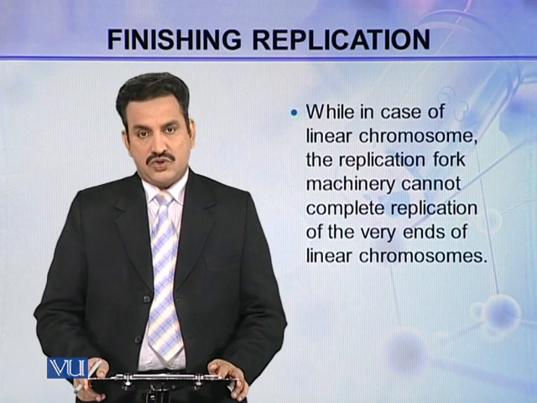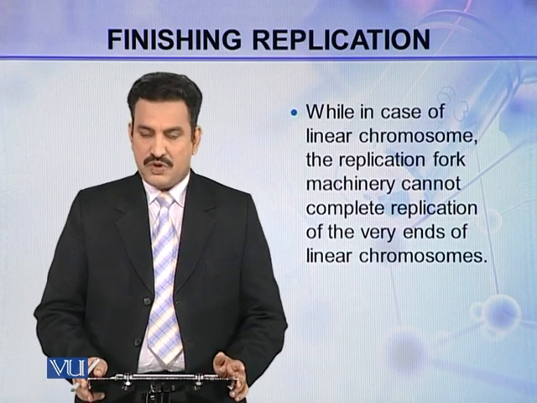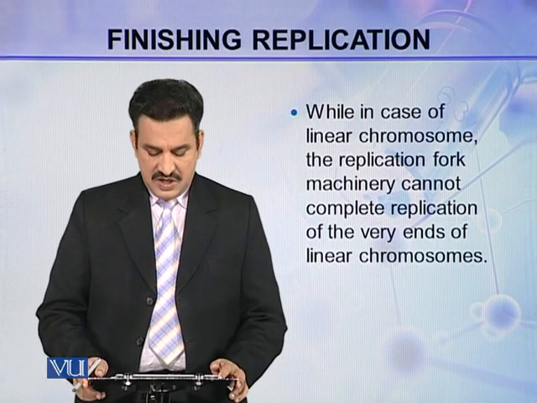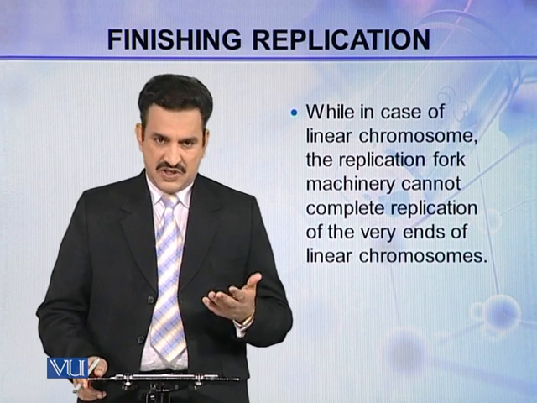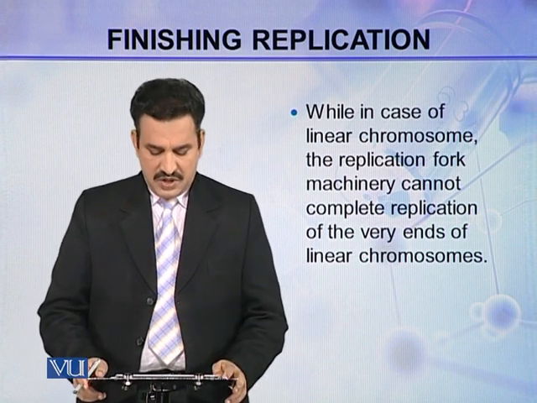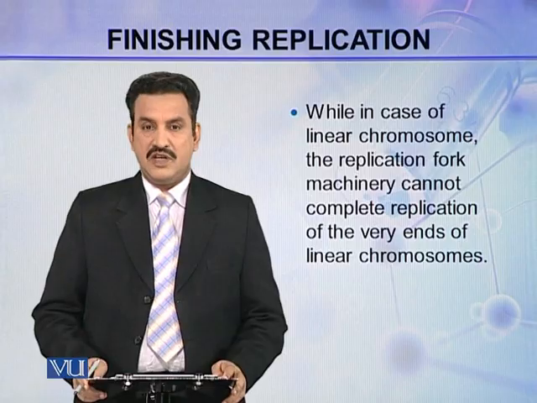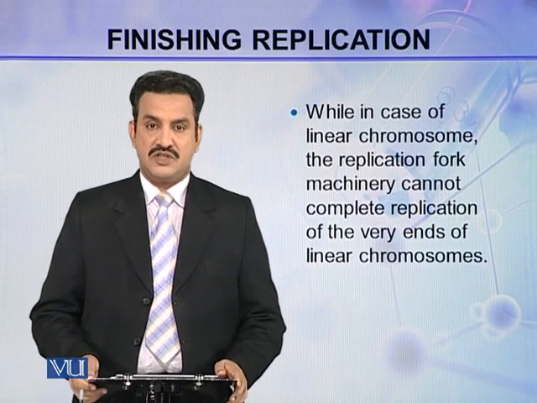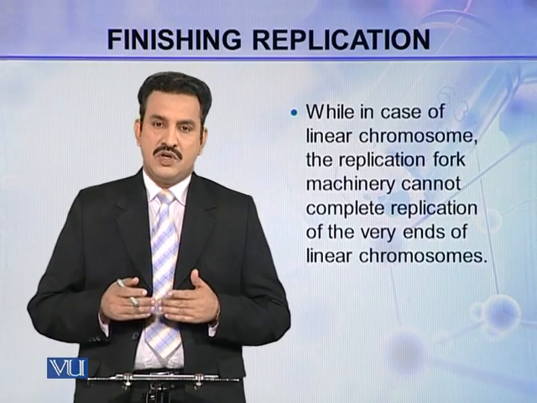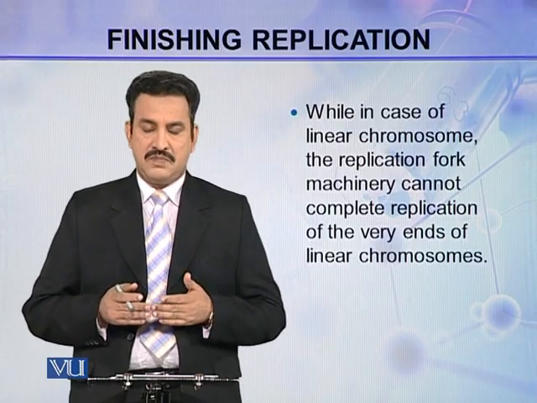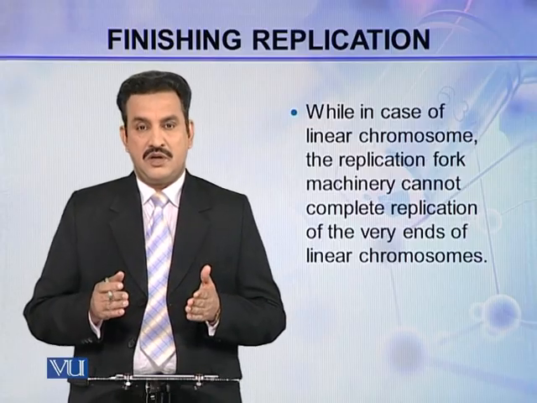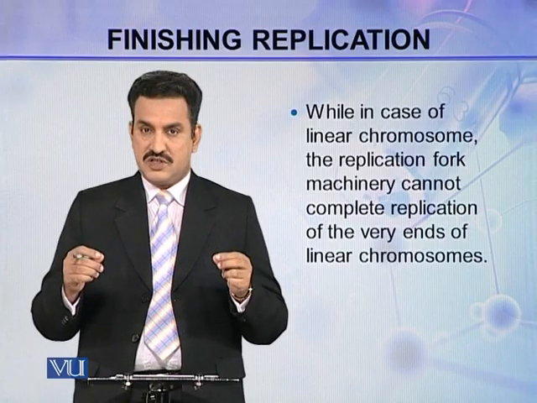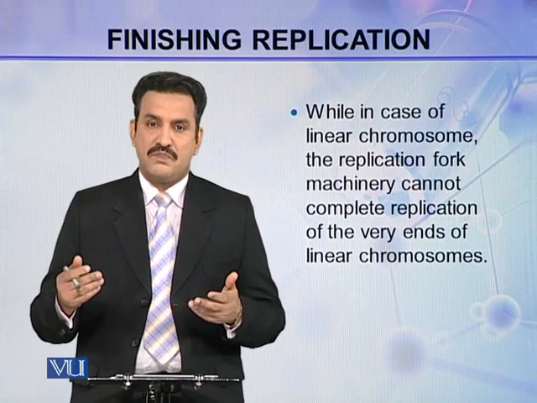While in case of linear chromosomes, the problem is different. The replication machinery cannot completely complete the replication of the very ends of the linear chromosomes. These very ends of the chromosomes are called telomeres. So when the replication completes, the ends which are called telomeres will pose some problems.